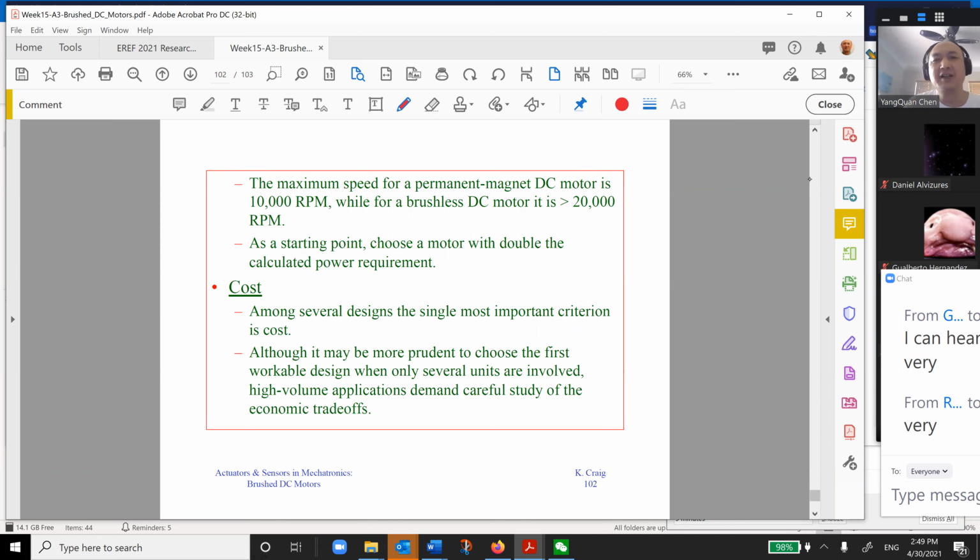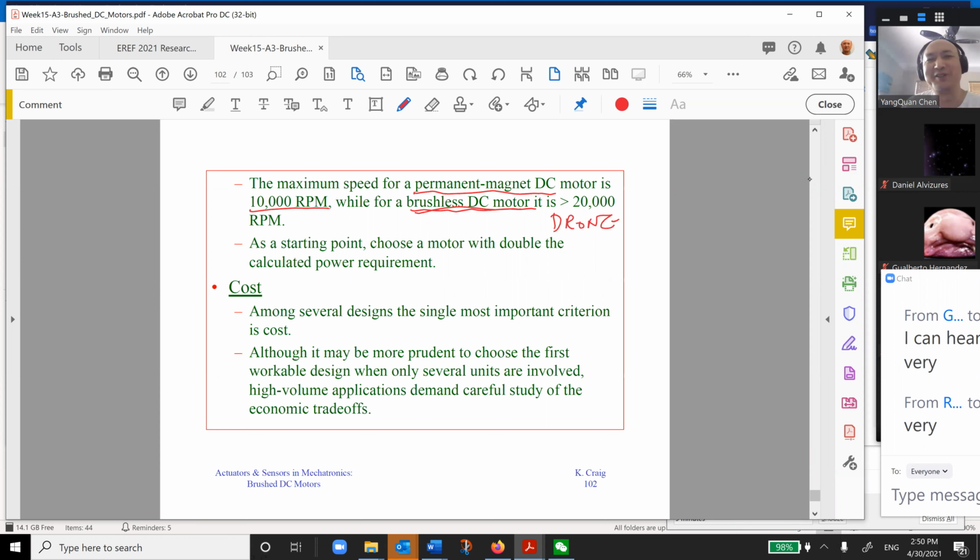It's cost. So you have a rough idea that a permanent magnet DC motor can reach 10,000 RPM. If you need something much higher, a faster spin, you probably need to use a brushless DC motor. Today we are going to explain that. For most drone applications, they are using a brushless DC motor.